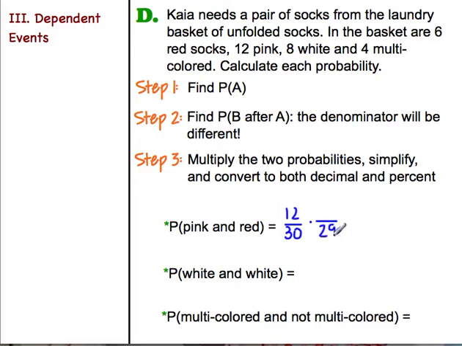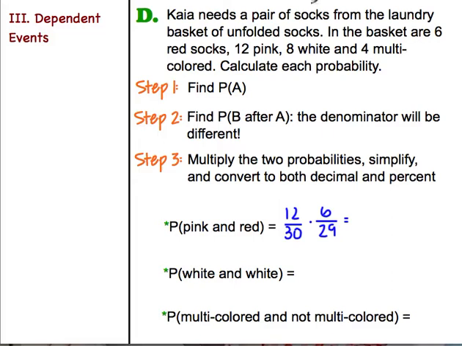So this is kind of looking like what it did when we were talking permutations, in that the number decreases. However, we still have all 6 of those red socks. So now it's going to be 6. When we multiply, I'm actually going to simplify ahead of time, simply because I don't want to multiply 30 by 29 and 12 by 6.